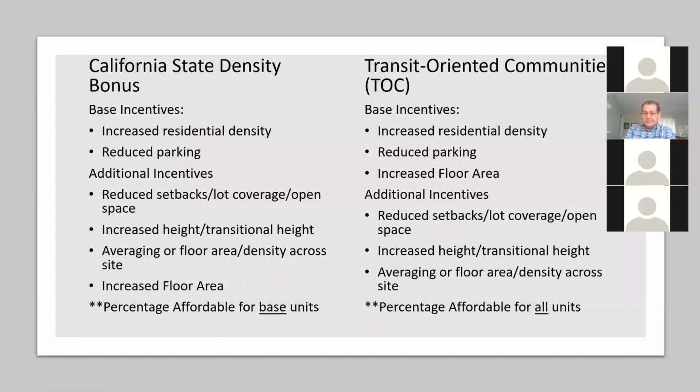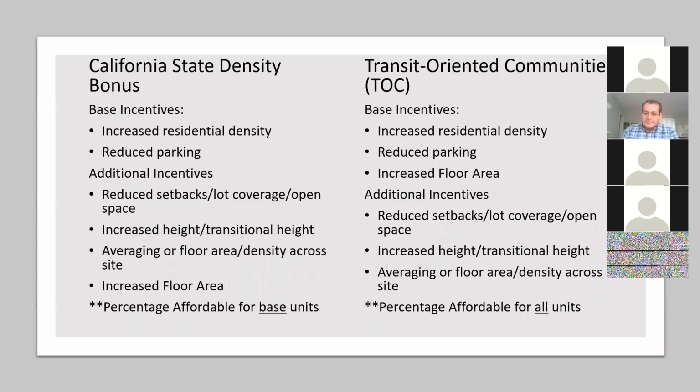But once you apply for bonus incentives, it basically becomes a discretionary project that would go before either the City Planning Commission or the Director of Planning. But also the other main difference is that when you see the percentage of affordable units that need to be provided, under the density bonus law, the percentage of affordable units is based on the base units that are allowed.